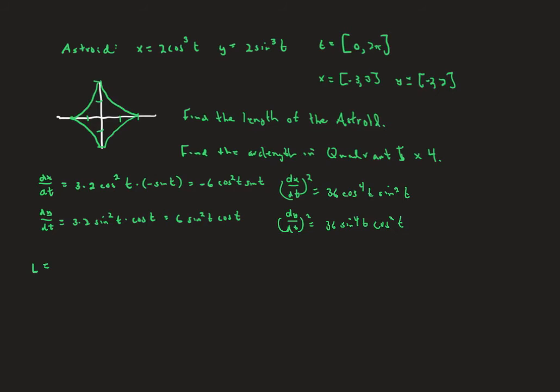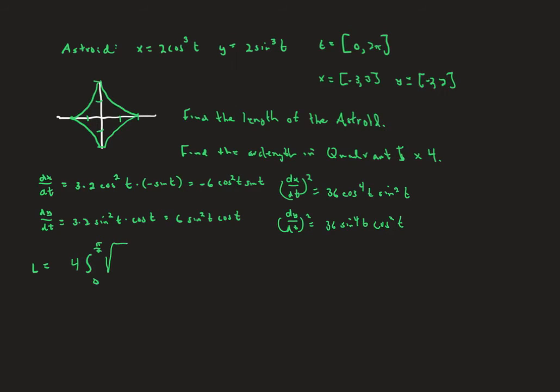So to find our arc length, we're going to do the integral, and to get quadrant 1, we want the t values to go from 0 to pi over 2, and we're going to go 4 times that, because we want to take the arc length in quadrant 1 and multiply that by 4.